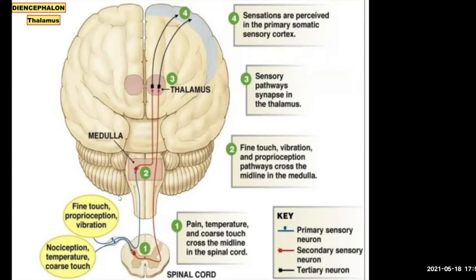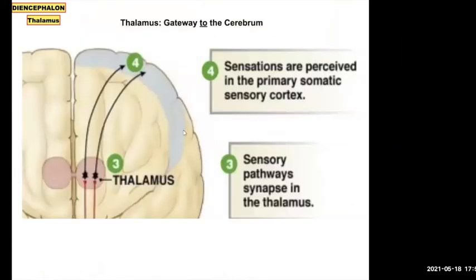Again, this was an area where we can amplify or tone down the signal. And then we went up to the thalamus, right? We crossed over, went up to the thalamus on the other side of the body. And then from the thalamus, we're going to project over to the cerebrum, a particular region of the cerebral cortex.